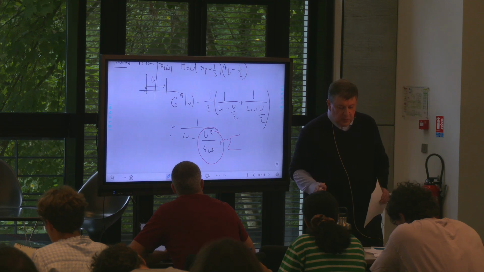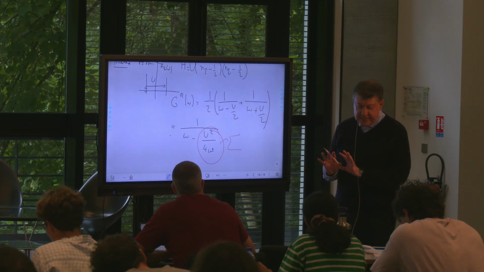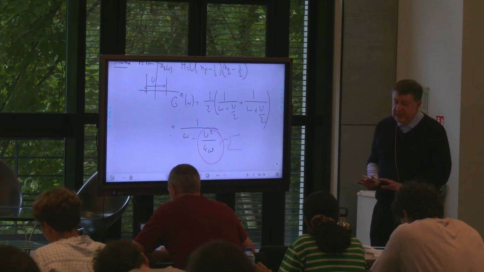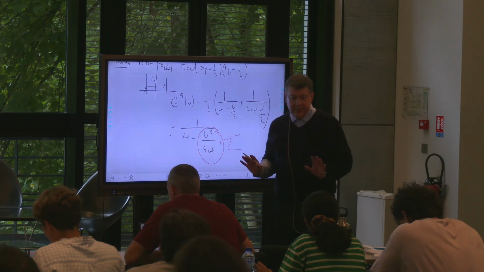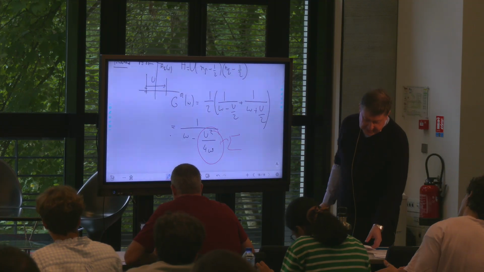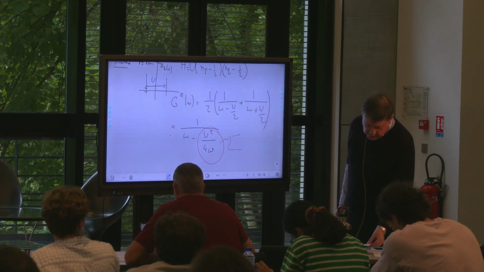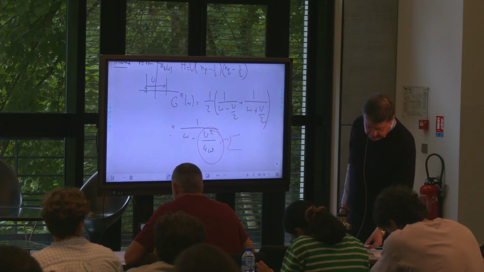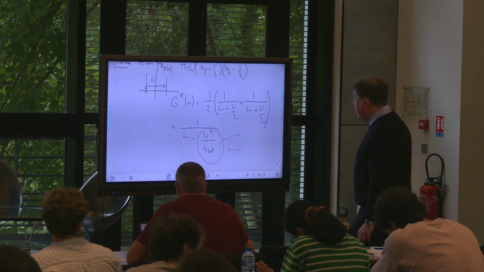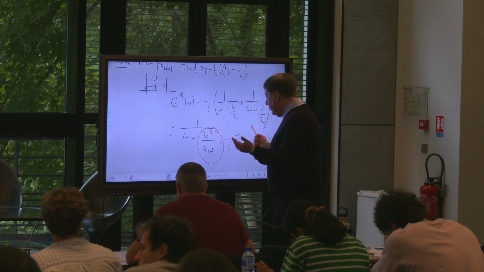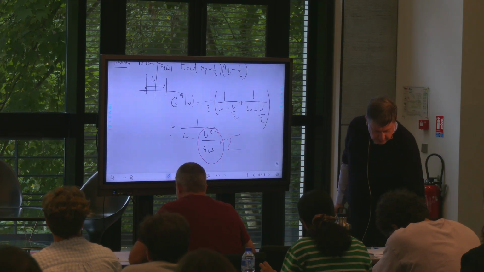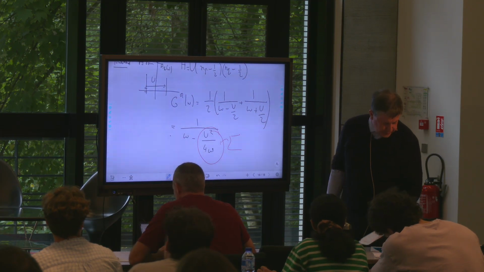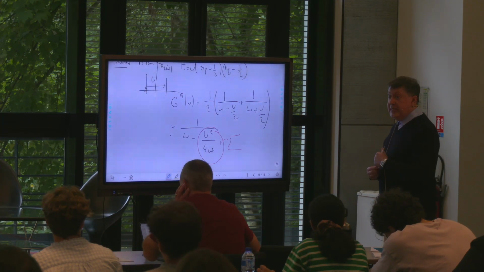So as soon as you try to extract physics from self-energies in insulators, be careful, because it may not be as meaningful as you think it could be. So it can diverge, it can look like a reasonable self-energy, but I'll show another example with the Matsubara in a moment. All right, so are there questions about that?